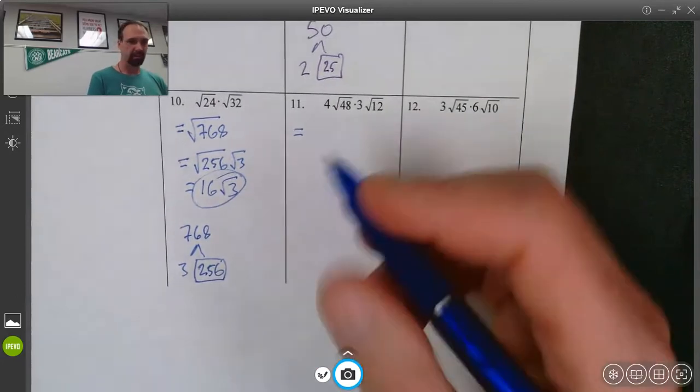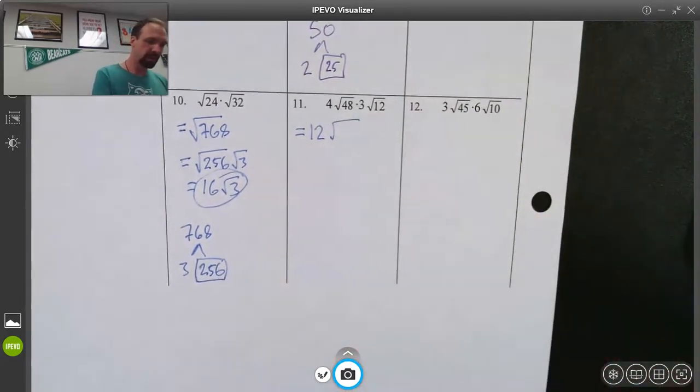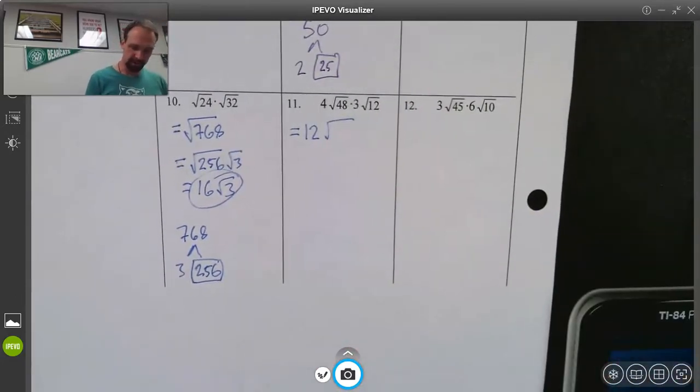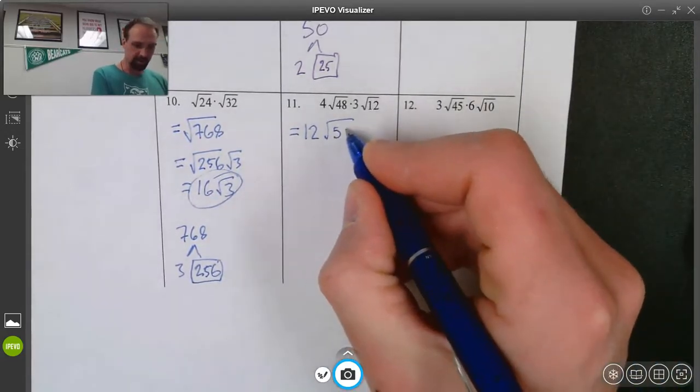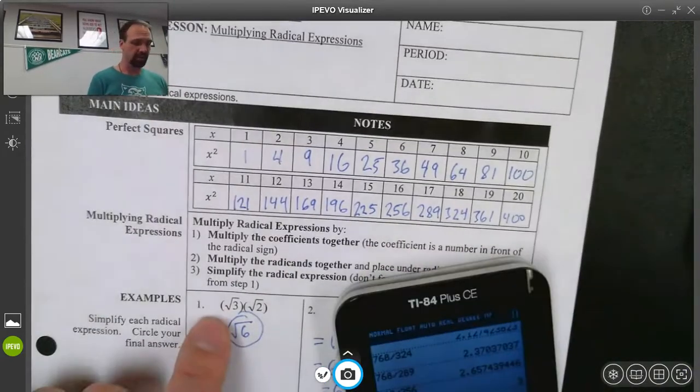Now for 11. 4 times 3 is 12. And then let's see, square root of 48 times square root of 12 is going to be the square root of 576. So again, 576, I'm just going to look on this side.